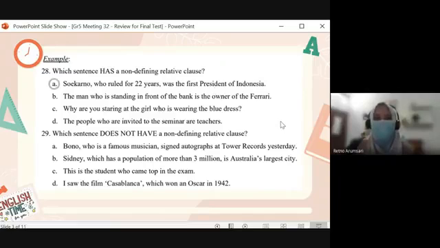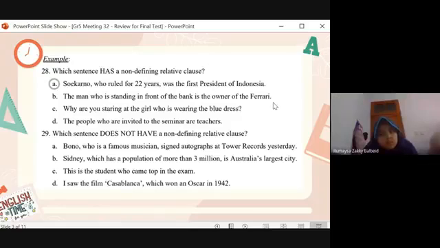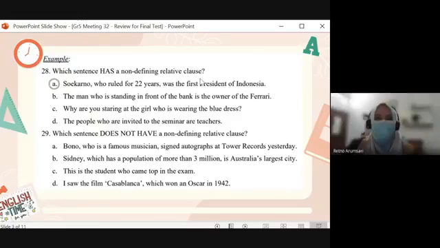That's the only sentence that has commas, here and here. The others don't have commas. So this must be the one that has a non-defining relative clause. Very easy, right? The one that has a non-defining relative clause is the one that has commas, like this.